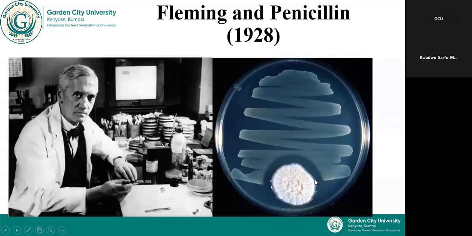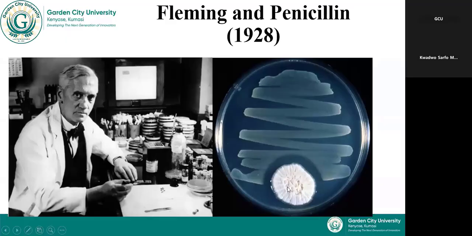But there was a clear zone around the mold that prevented the Staphylococcus from growing. But there were some parts where there was no mold growing, but the Staphylococcus was growing rapidly.